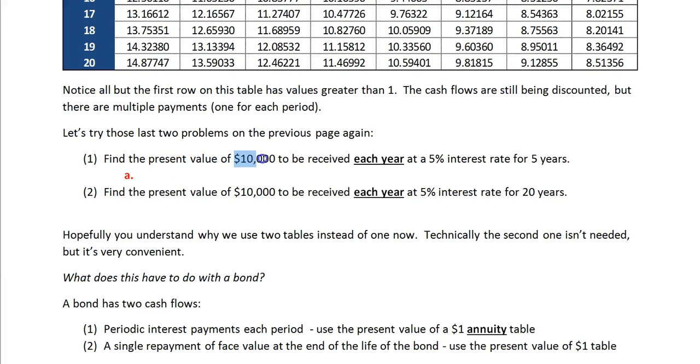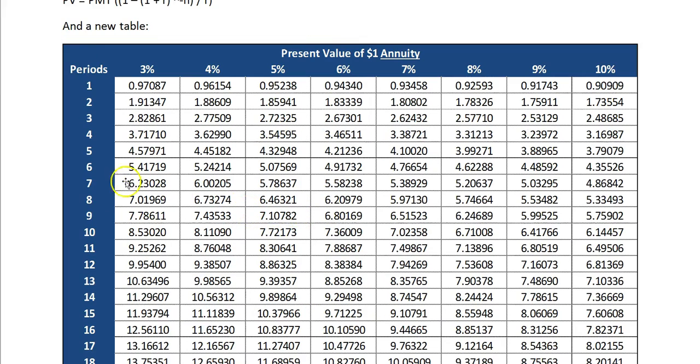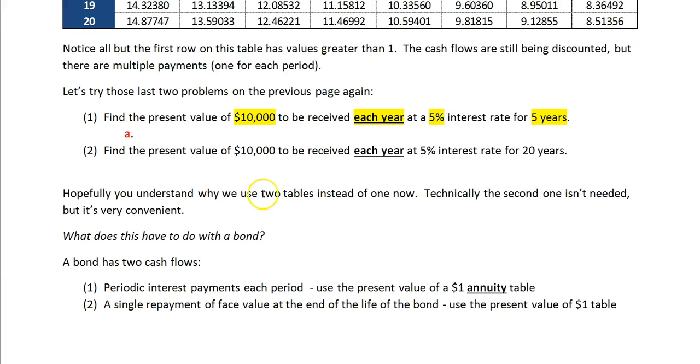Alright, so find the present value of $10,000 to be received each year. That's what makes it an annuity, at 5% interest for 5 years. So all we need to do is look at the 5 years, 5%. 5 years, 5%. This is the number, 4.32948.